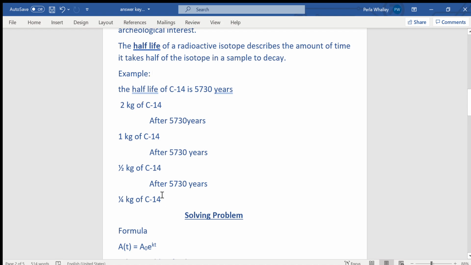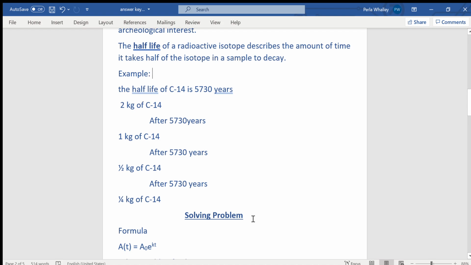Now, the mass here might be grams, might be tons, but it is the same process. It will decay into 1/2 after the half-life, and it goes on until nothing is left.